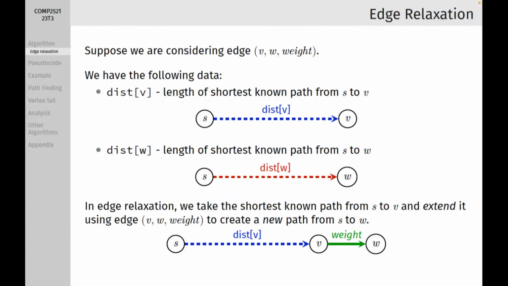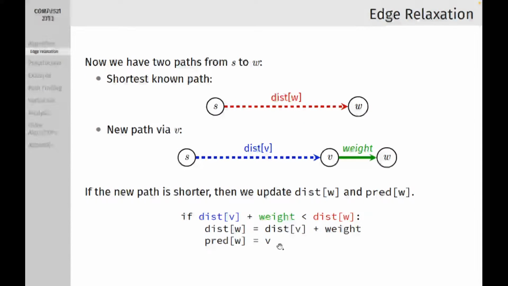Okay, so now we have two paths from S to W, right? We have the shortest known path from S to W, and the distance is stored in the distance array. And we have this new path where the distance is the shortest distance from source to V plus weight.